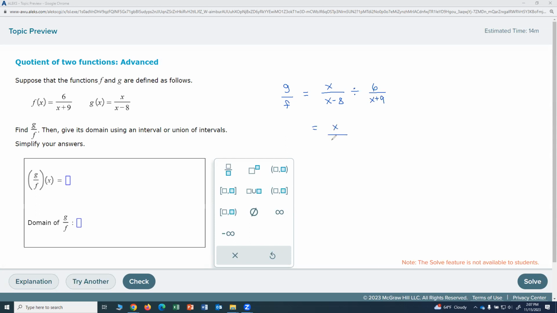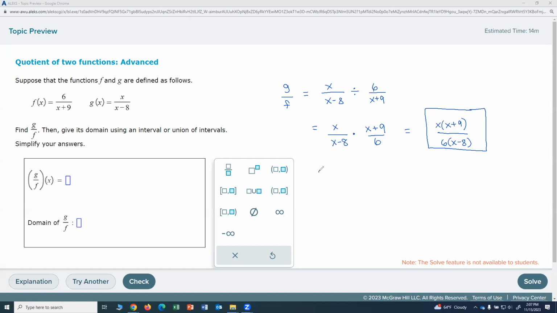So I have x over x minus 8 times x plus 9 over 6. And nothing cancels. So in this case, I'm going to have x times x plus 9 over 6 times x minus 8. And that will be my final result for g over f.